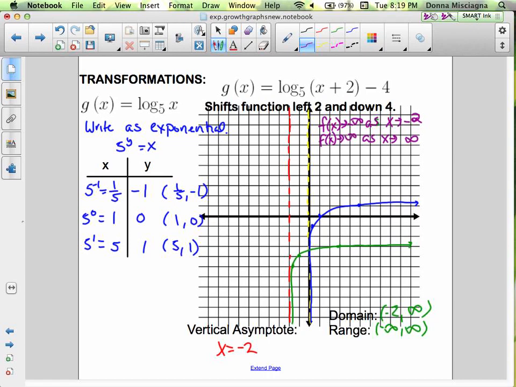And when the base is greater than 1, as x approaches positive infinity, your function heads to positive infinity too. If this were decay, then it would head towards positive infinity toward the asymptote, and negative infinity as x approaches infinity. Hopefully that's clear.